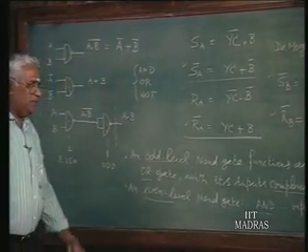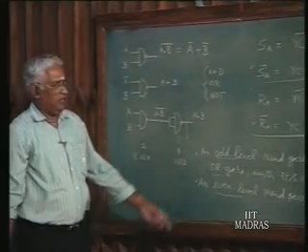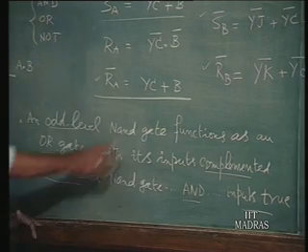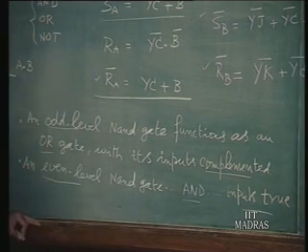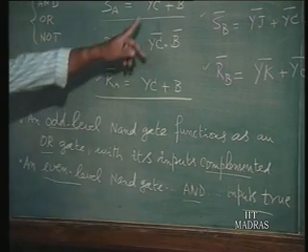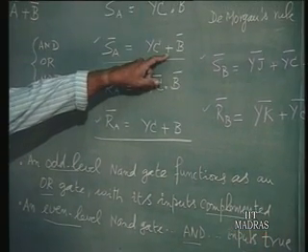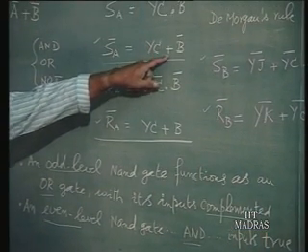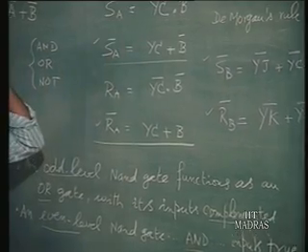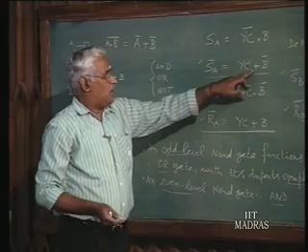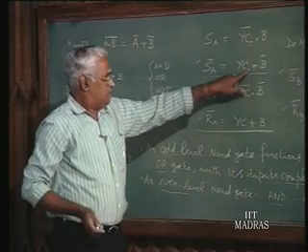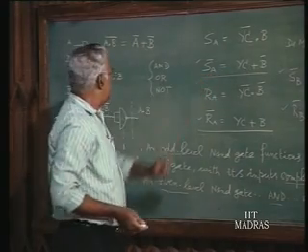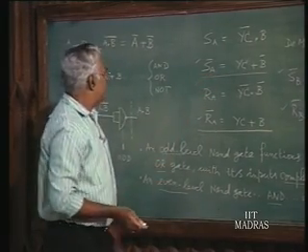Okay. Now, this in fact is the crux of the NAND circuit synthesis. Now, let us work out this particular one. What we have is an OR gate, that is SA bar is YC or B bar. Just for SA bar we will work out and then see.